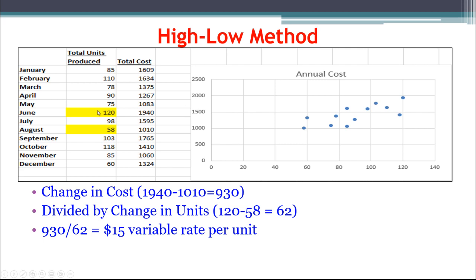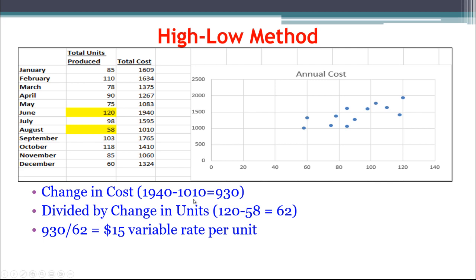We're going to pick the high and low activity points. So June's the high activity point, and it just so happens to be also the high cost, which is fine. It makes sense that it is. August is the low activity level, and let's see, it looks like that is also the low cost, so that works out pretty logically.